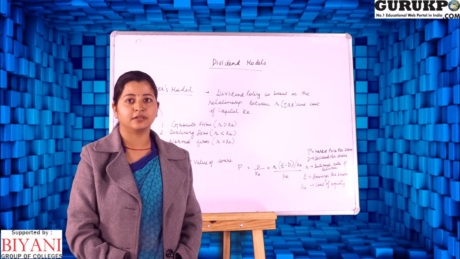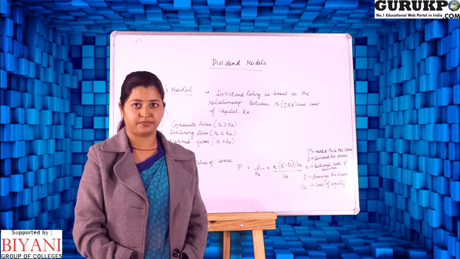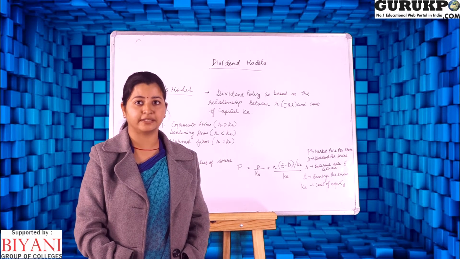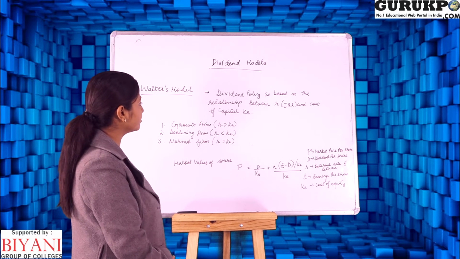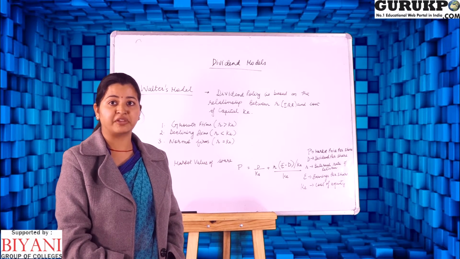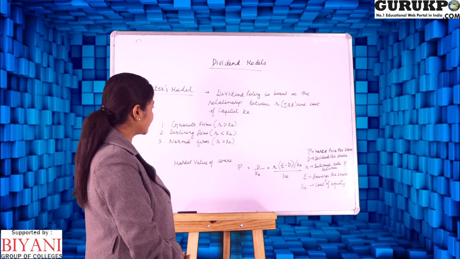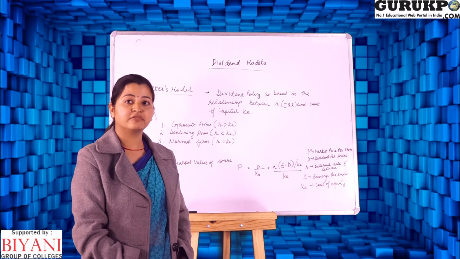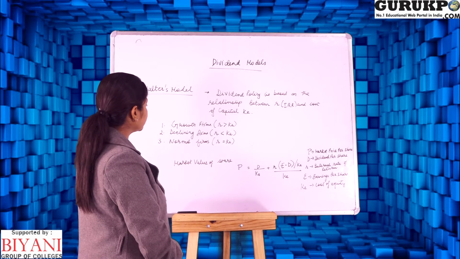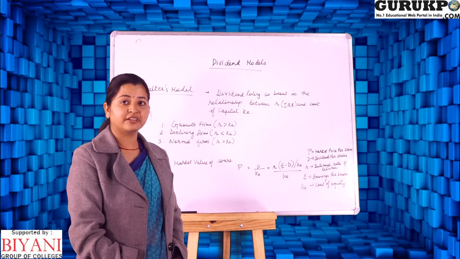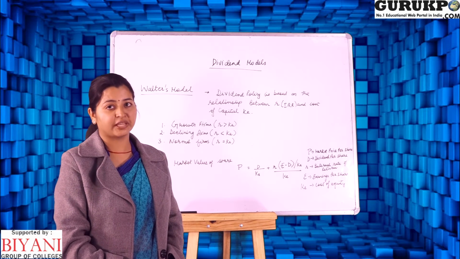Walter categorized firms into three categories. The first is growth firms, when internal rate of return is more than cost of equity. The second is declining firms, when internal rate of return is less than cost of equity. And the last is normal firms, when the rate of return is just equal to the cost of equity.